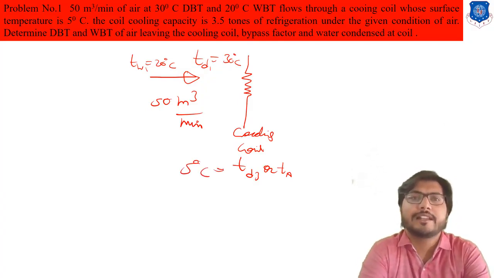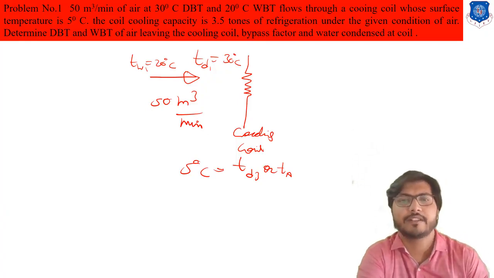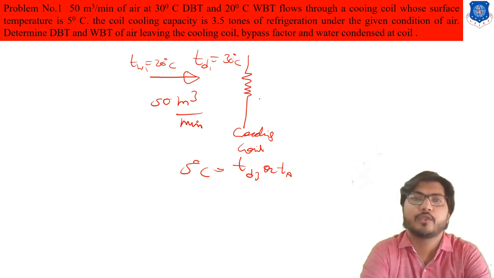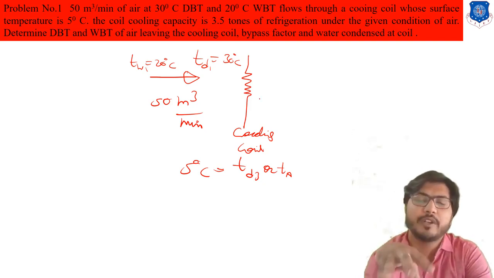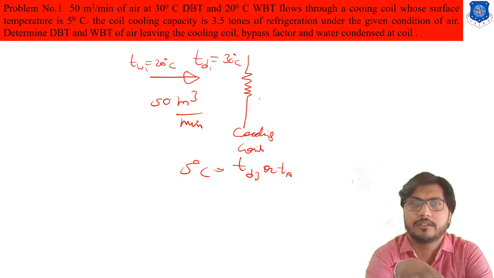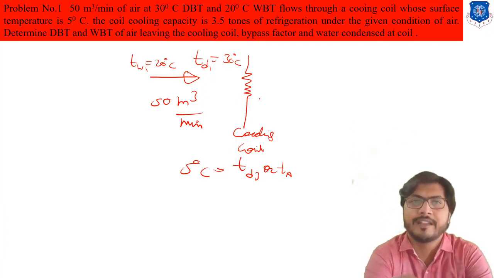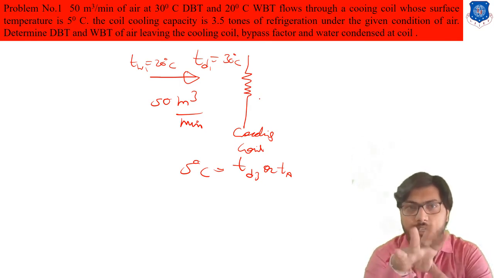The coil capacity is 3.5 TR, ton of refrigeration. The capacity is given, that is 3.5 ton of cooling coil capacity. That means we convert ton into kilowatt, so multiply 3.5 into 3.5, because 1 TR is equal to 3.5 kilowatt, as we know from the first lectures of the RAC subject.